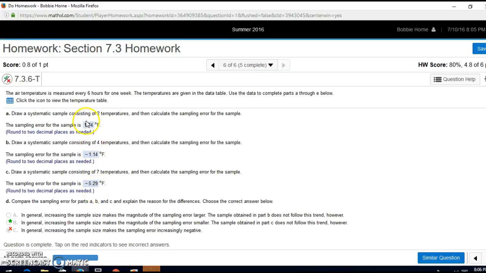Okay, well, if you notice, the error gets bigger. That's not typically normal. The error should get smaller if the sample gets bigger. So in general, it does that, but part C does not follow this trend, and that can happen.